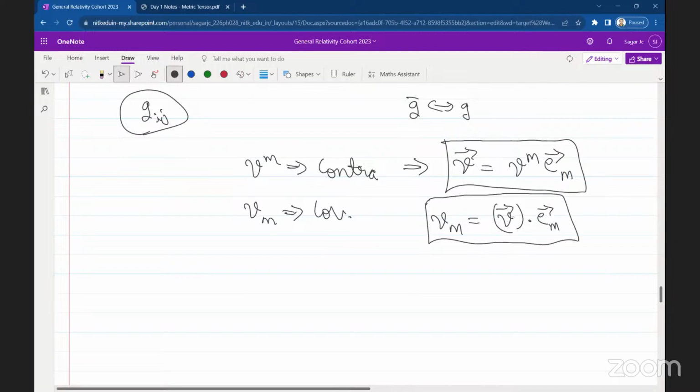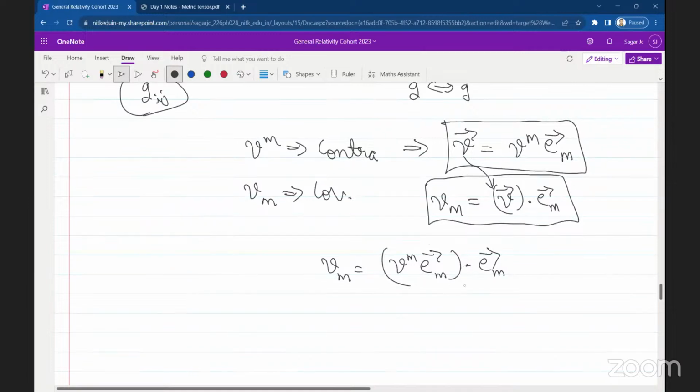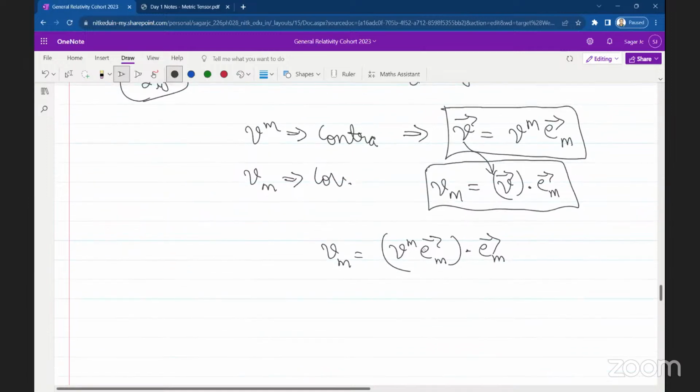So I'll substitute this expression for the vector V in this. I'll get V^m equal to V^n E_n dotted with E^m vector. Since n is a dummy variable, I'll write it as n, because m was appearing more than 2 times. So now what can I write? I can write V^n E_n vector dot E_m vector.